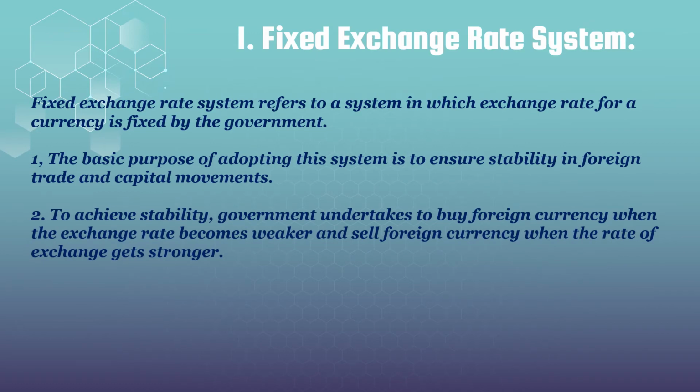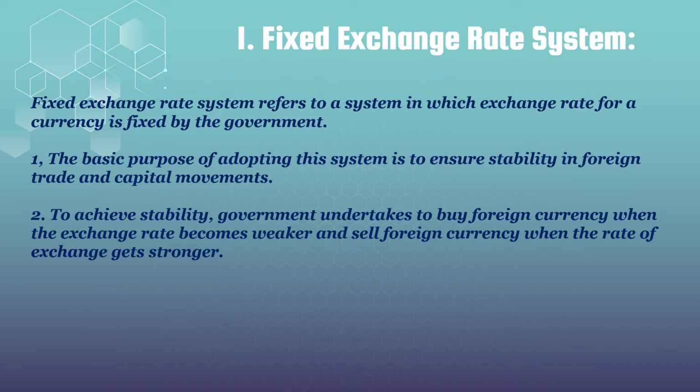To achieve stability, government undertakes to buy foreign currency when the exchange rate becomes weaker and sell foreign currency when the rate of exchange gets stronger. So, in order to achieve stability, what does the government do? Government should buy the foreign currency when the currency is devalued. For example, if the dollar usually costs rupees 60, and the foreign market is weak, that dollar is devalued to 59.